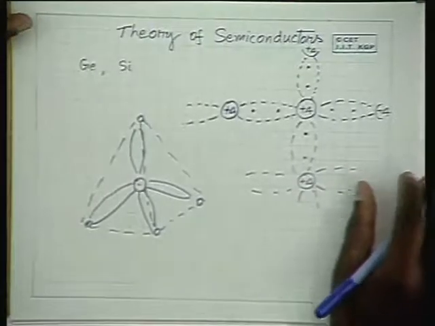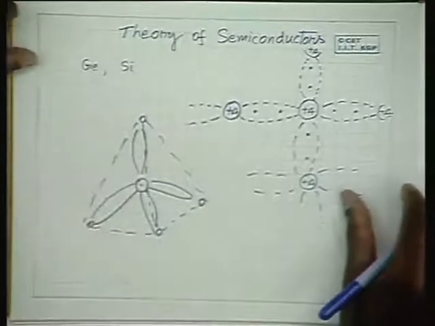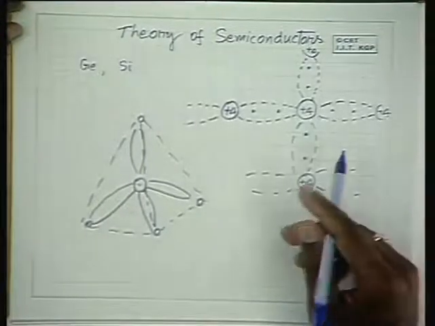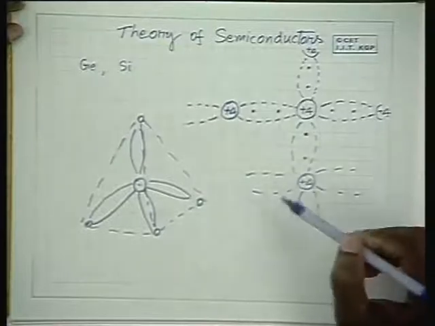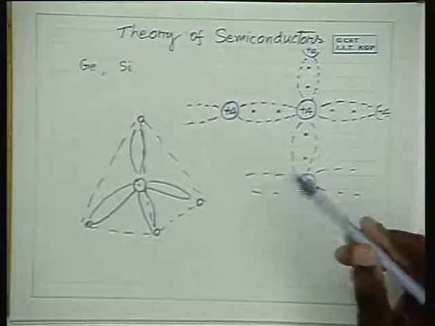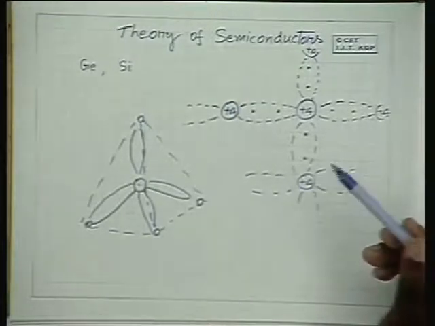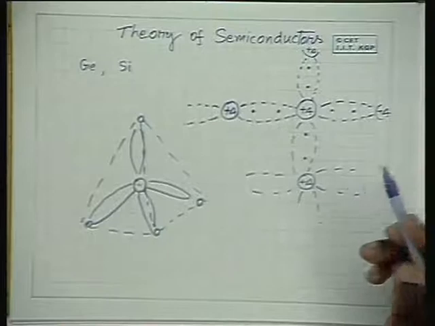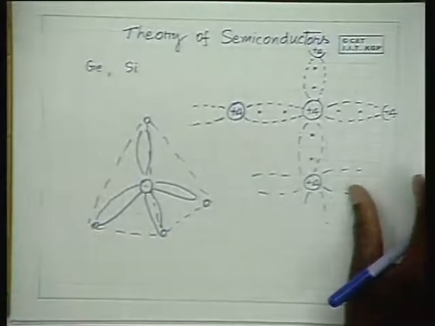Now, if you look at the energy band diagram of the electrons present in the semiconductors, you will find that there is a conduction band, a valence band, and a forbidden band. So, let us look at it more closely. We are considering three-dimensional space with atoms distributed throughout the space.